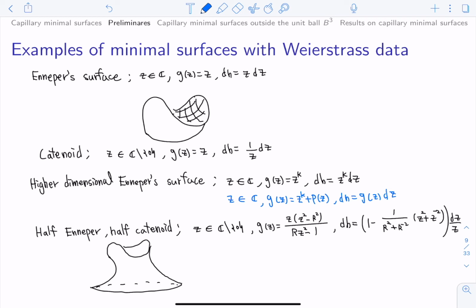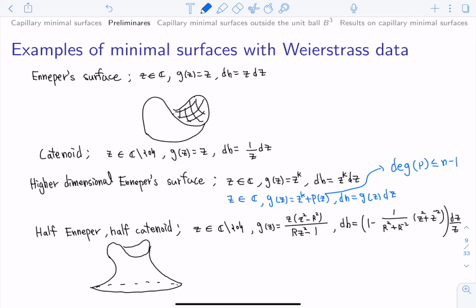Then it gives us a well-defined minimal surface, and here p(z) should have degree less than or equal to n-1.